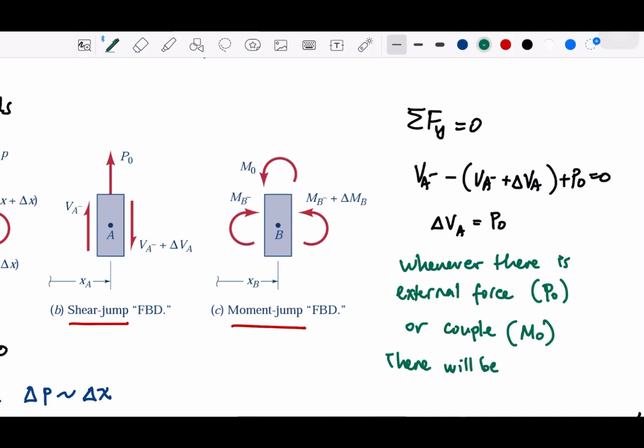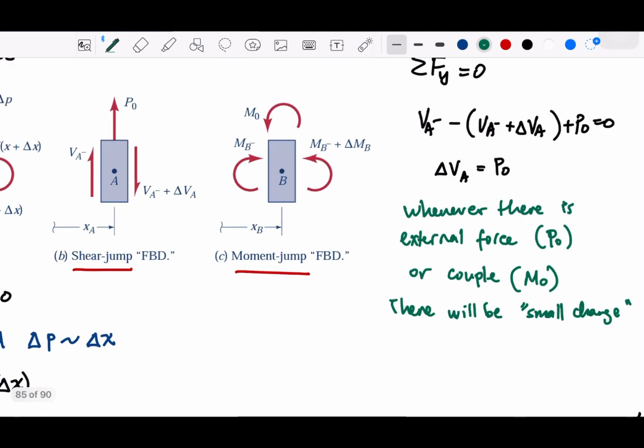There will be some small change, or to be precise, a step change, like a step in the stair, okay, in shear or moment.